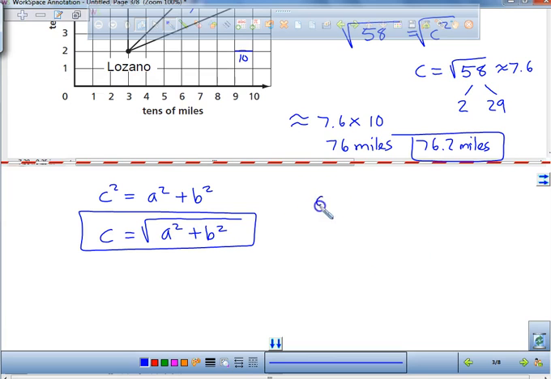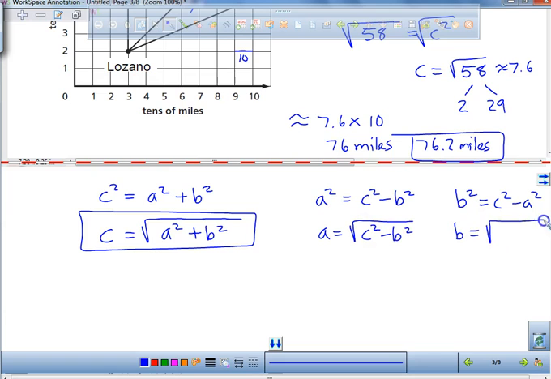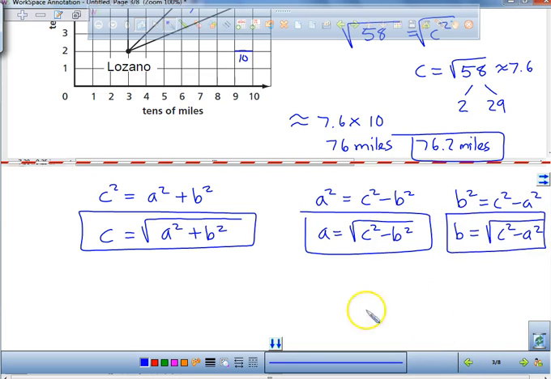Now, the other one is this. A squared will always equal c squared minus b squared, just like b squared will always equal c squared minus a squared. So if you ever want a shortcut for a, it's always going to equal the square root of c squared minus b squared. And b will always be the square root of c squared minus a squared. So now you have every single possible formula you need for c, a, and b.